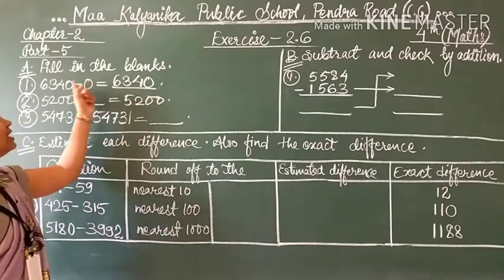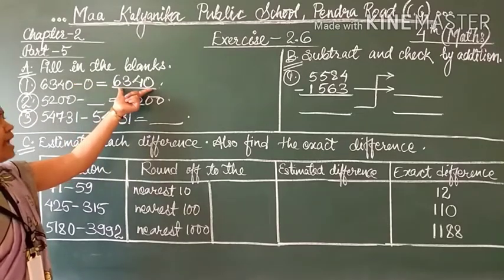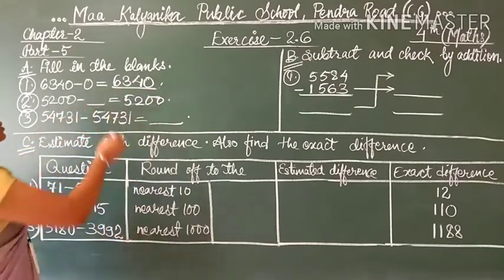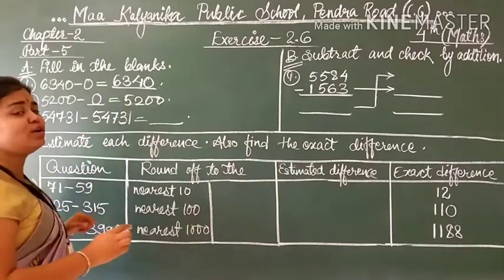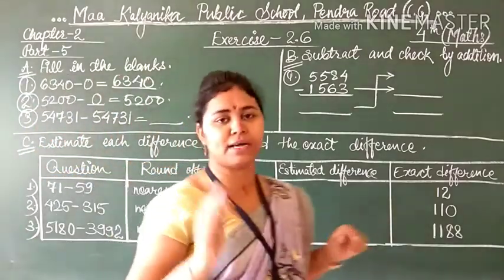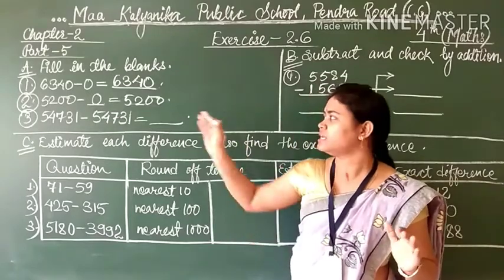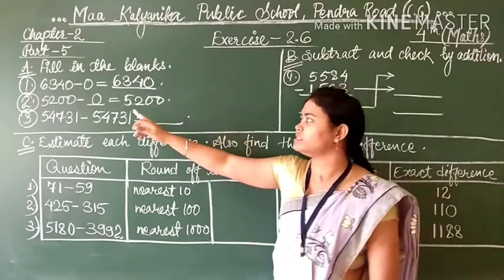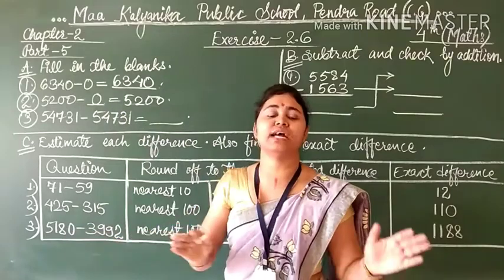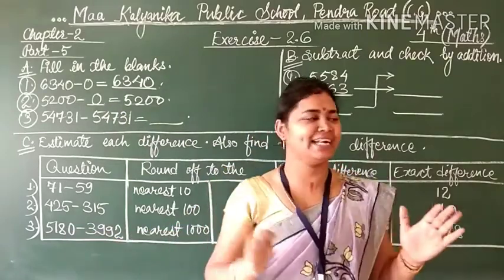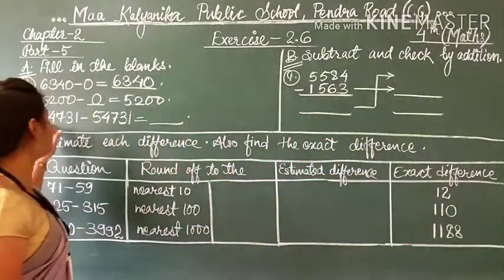Now blank is here. So if we are subtracting 0, the answer will be the same number. Yes, students. 5200 minus 0, the answer will be 5200. So we will subtract 0 from that, so that same answer we should get.